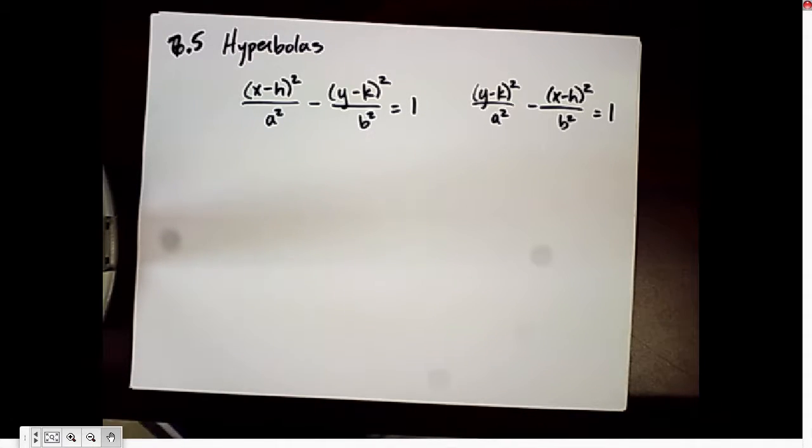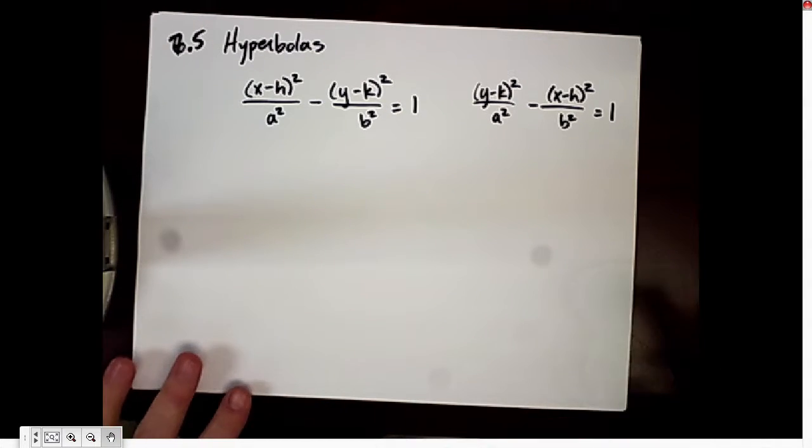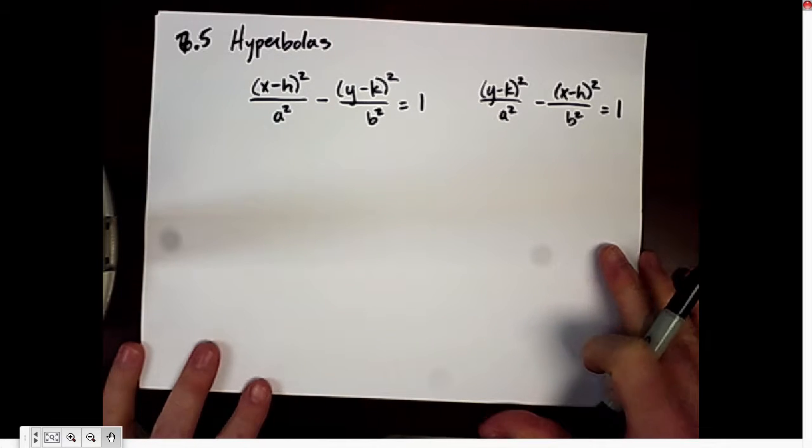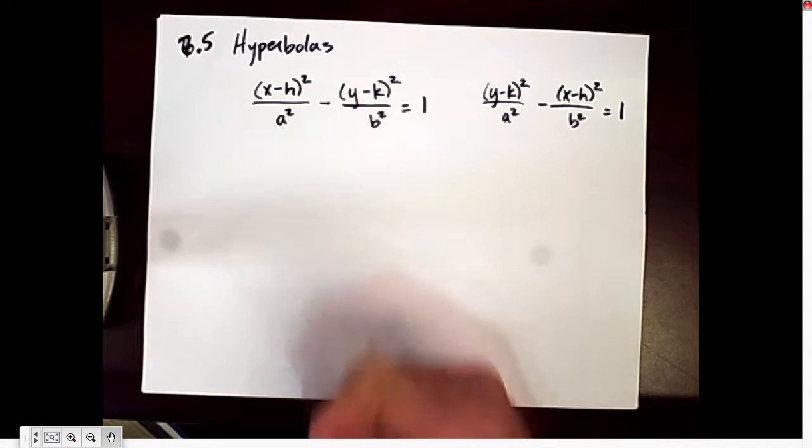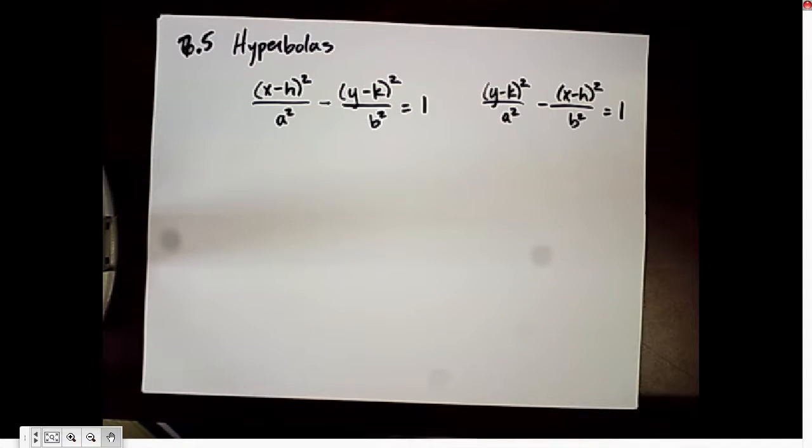It didn't matter if a squared was with x or with y. Remember, I even called it the x radius or the y radius. And a squared for an ellipse was just whichever one was the bigger one. But for a hyperbola, a squared is the one that's positive. So that could be with x, that could be with y. It's just whichever one is first, therefore the one that's positive.